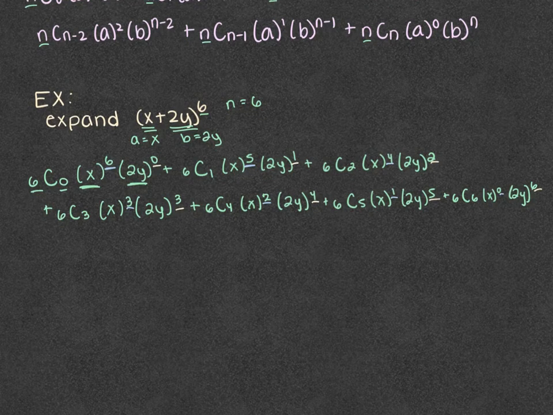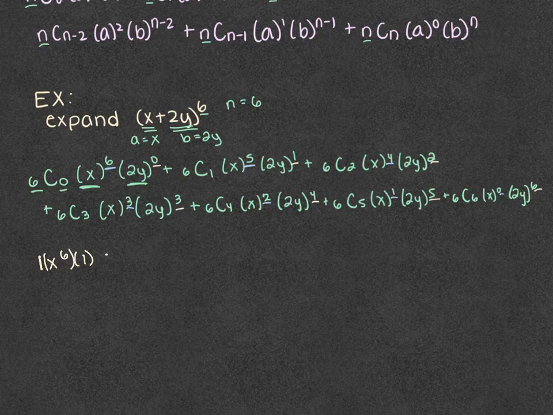All right, so if we're typing this into our calculators, 6C0, we learned how to type that in on the previous part of the video. So 6C0 comes out to 1, x to the 6th, and then 2y to the 0 is just times 1.